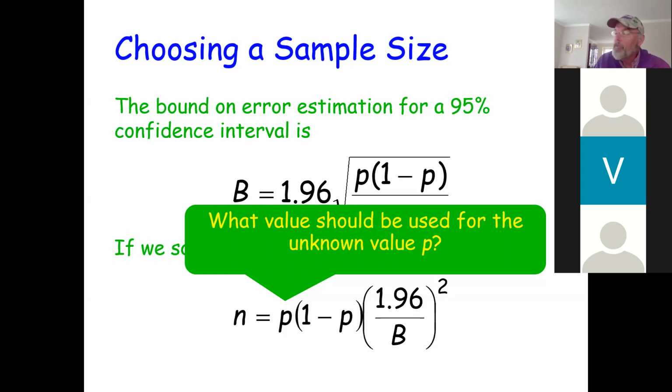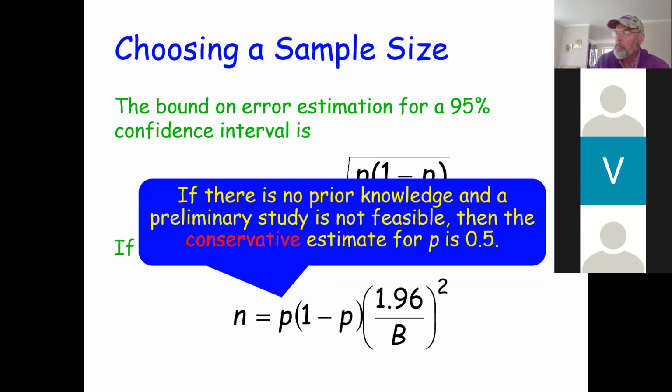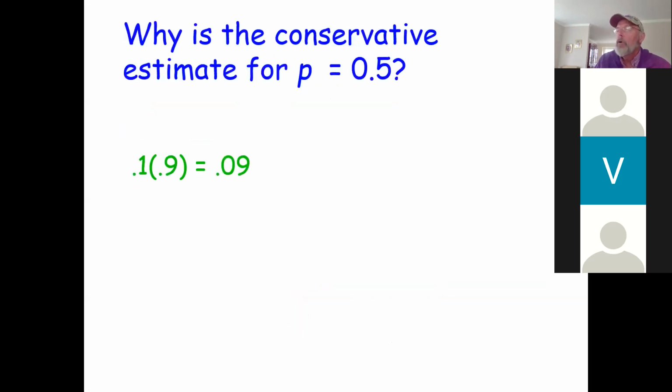That's our privilege, but we want the most conservative estimate of P. So if we were to use 0.1 for P, this would be the product of P times 1 minus P: 0.1 and 0.9.